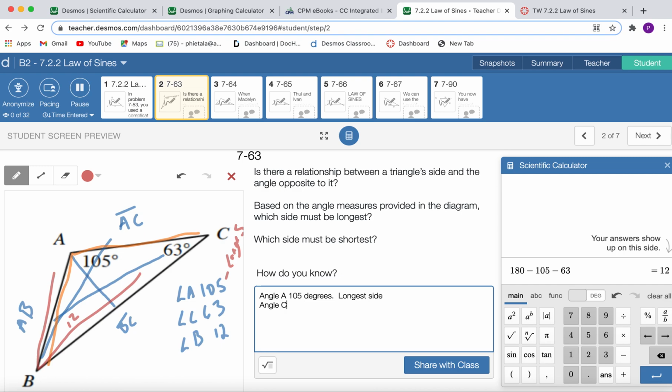Angle C, 63 degrees, has the middle side. And angle B has 12 degrees, so it's the shortest side.